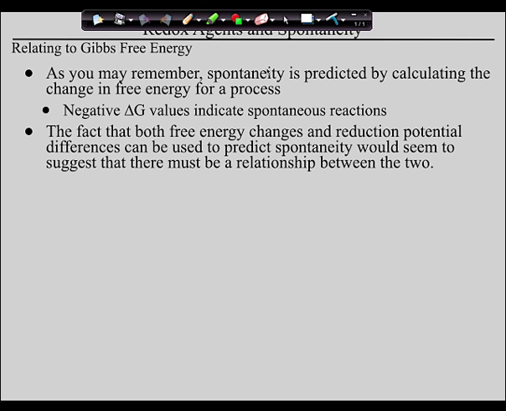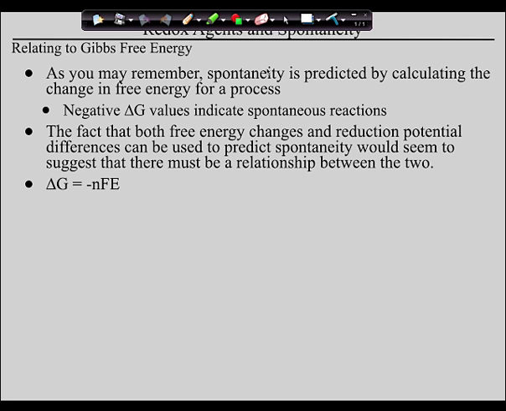Well, now it turns out that voltage can also tell us if it's spontaneous, if it's an oxidation reduction reaction. So, as you might imagine, there's an equation that relates the two, and it's this. It's called the Nernst equation, and this you want to write down. So delta G is equal to negative NFE.